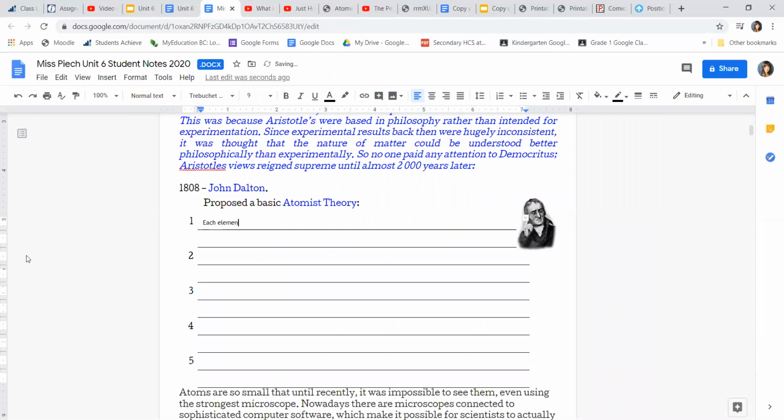So each element consists of indivisible, minute particles called atoms. And we also have, oh, it doesn't autocorrect that, all atoms of the same element are identical. We also have atoms of different elements have different masses and properties.